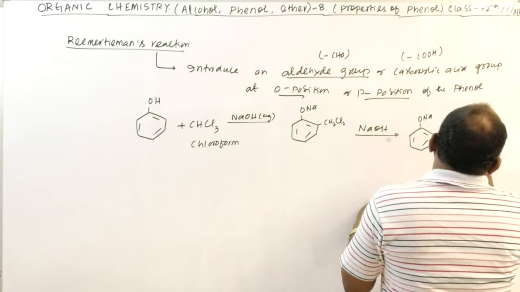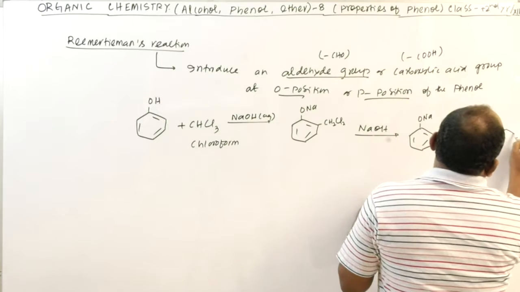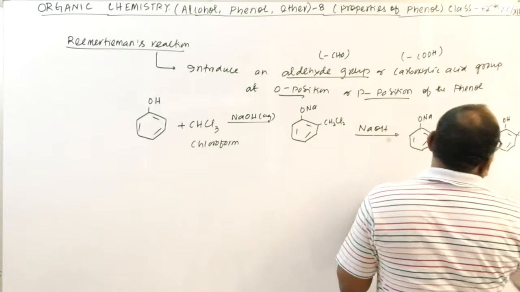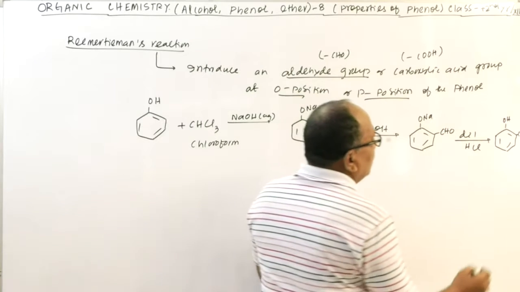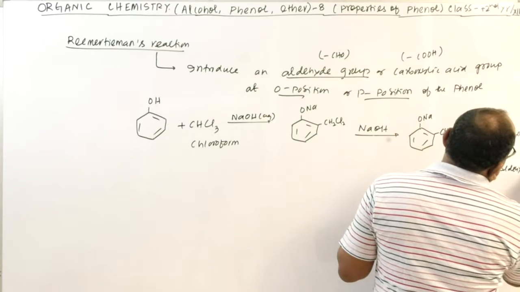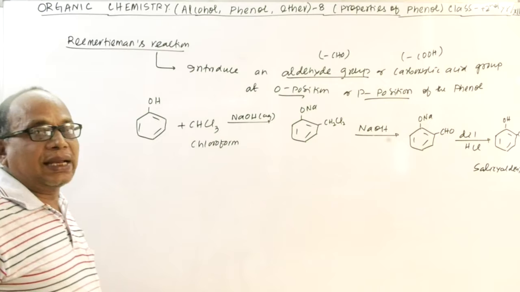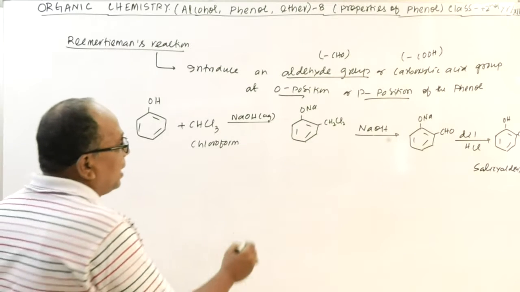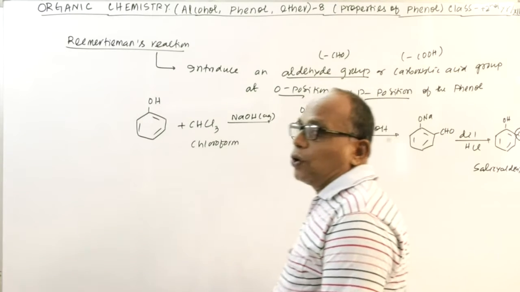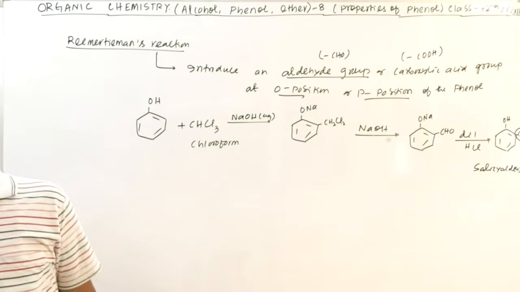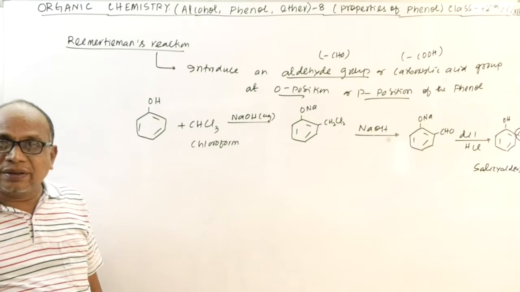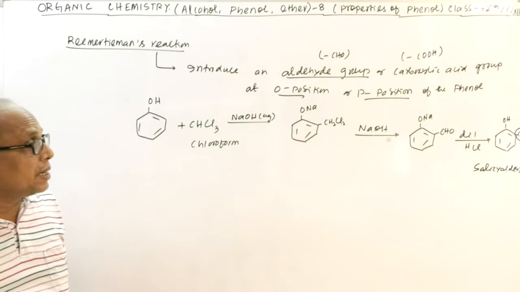This is treated with dilute HCl, it gives you OH, and this becomes CHO. This is called salicylaldehyde. You see, a CHO group is introduced at the ortho position of the benzene ring in the phenol. That's why it's called formylation.